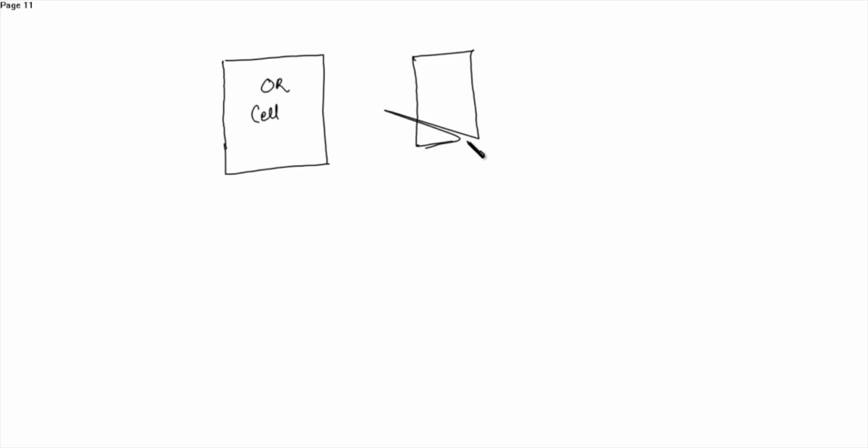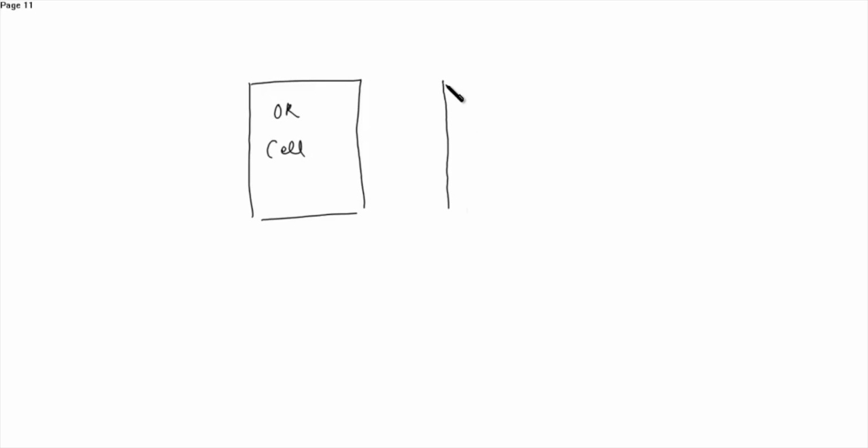So let's say this is the OR layout cell, and next we have the NOT cell.